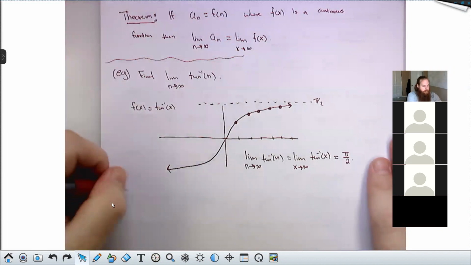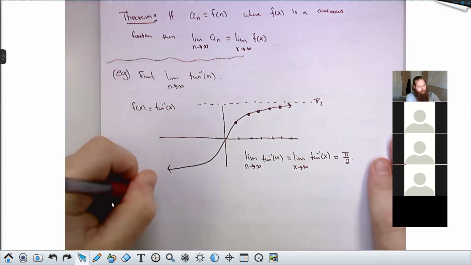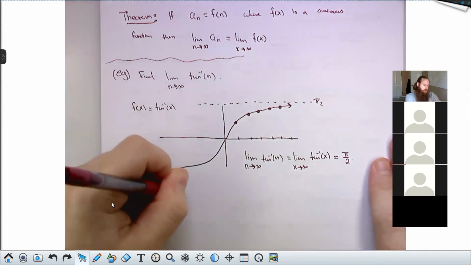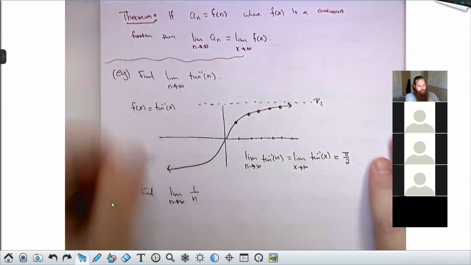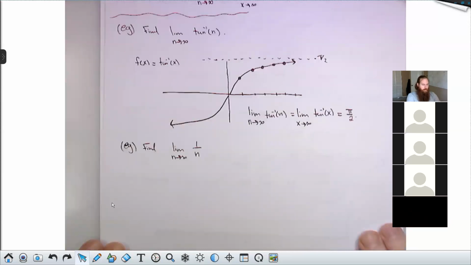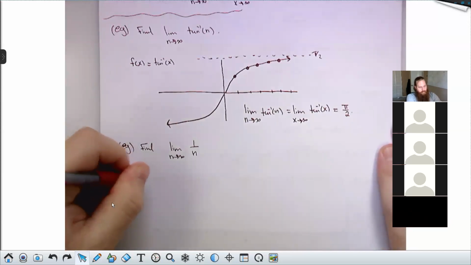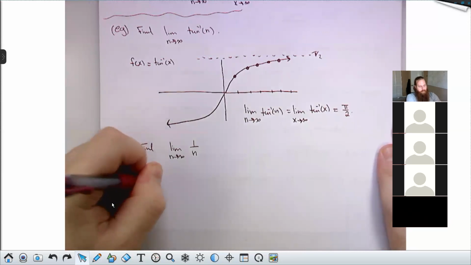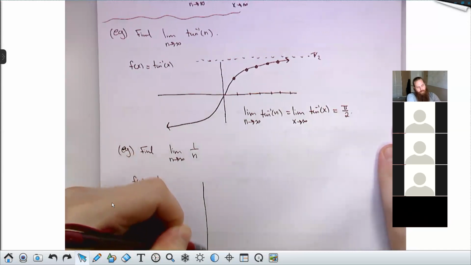Another kind of example like this is if I wanted to find the limit as n goes to infinity of 1 over n. Well, if I swap the n's for x's there, then f of x is 1 over x. And I know what the graph of 1 over x looks like.